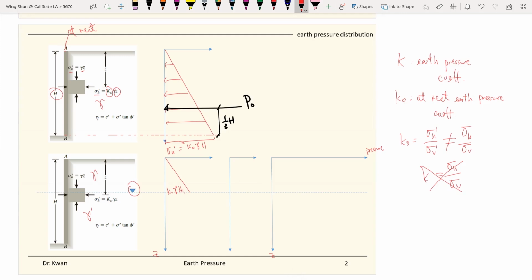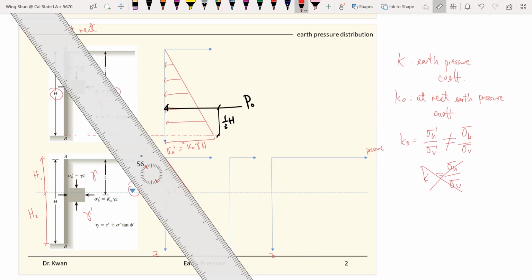So let's say from above the water table, here is H1 right there. So that is the distributed stress above the water table, and underneath the water table we call this H2.